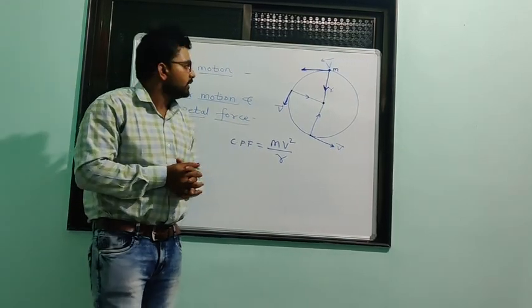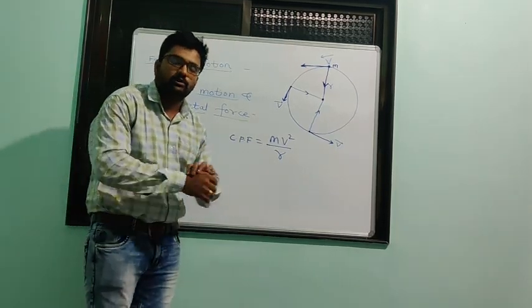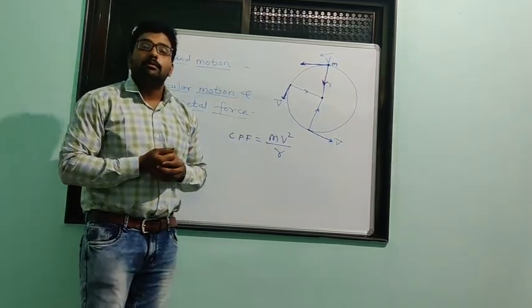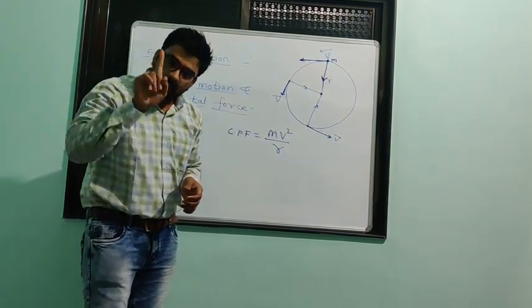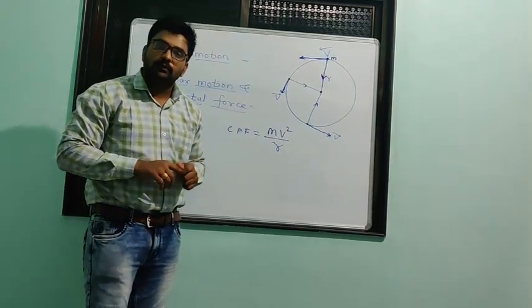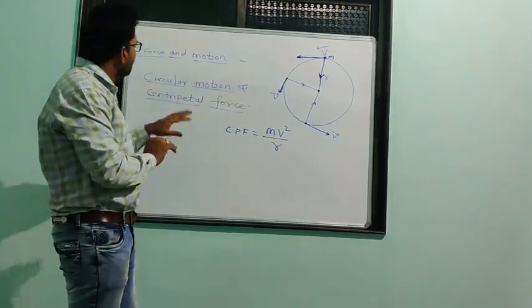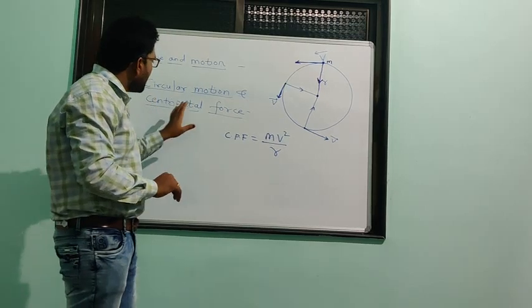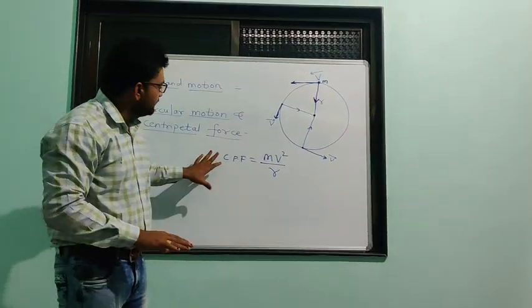Next we study force and motion: for the motion of any object, force is most important. Unless there is a force, motion is not possible. Next, circular motion and centripetal force are also studied in this chapter.